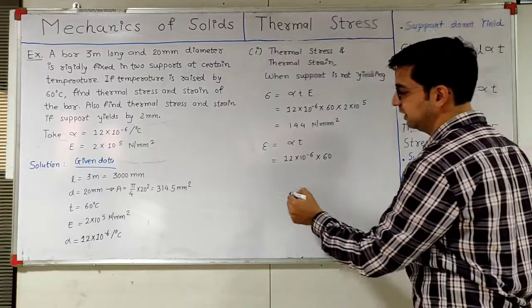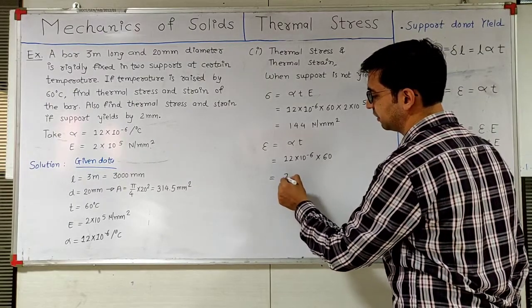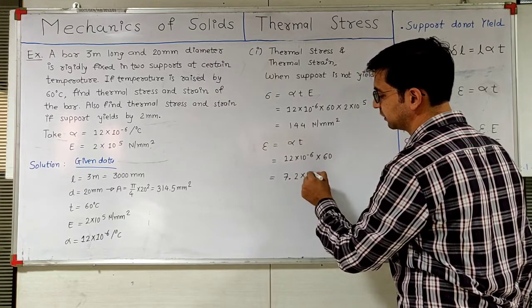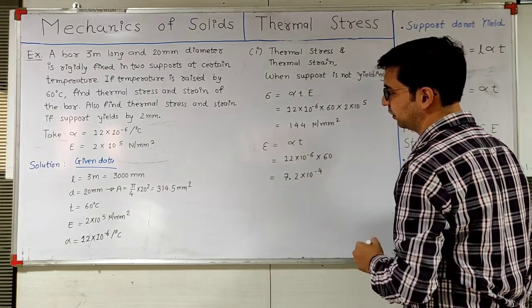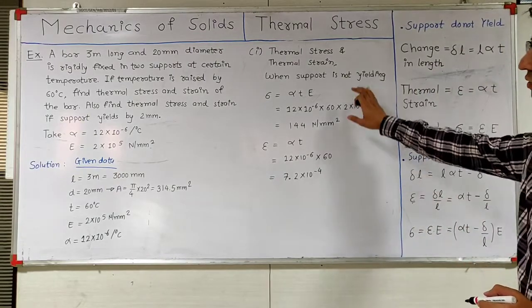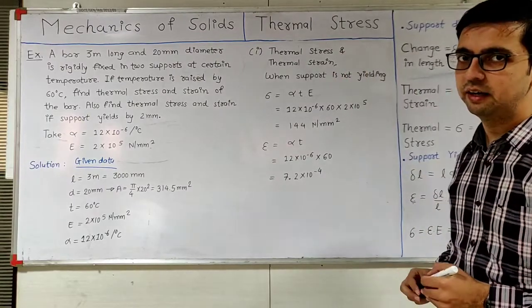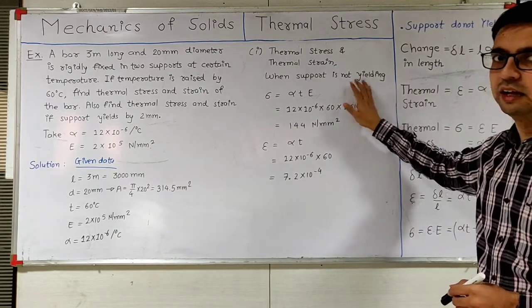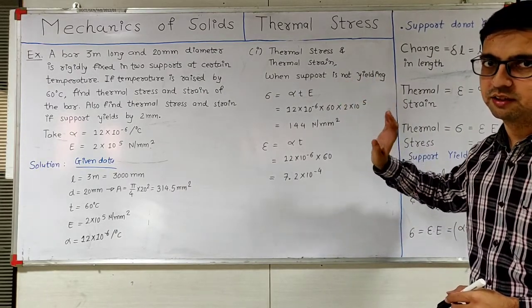So by simplifying this equation, we will get the answer of thermal strain as 7.2 into 10 raised to minus 4. So these two parameters are required in first data when support is not yielding, that means support is fixed.